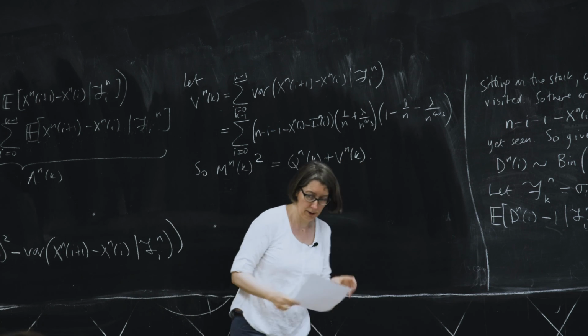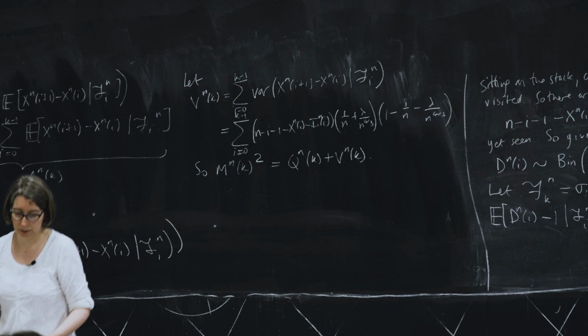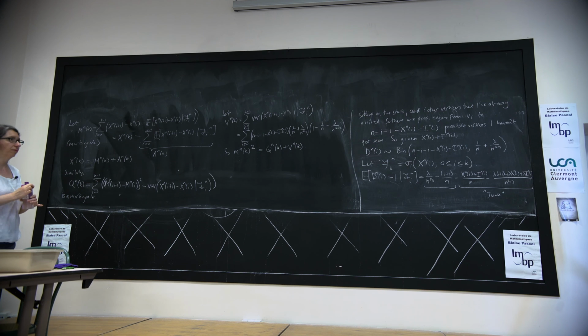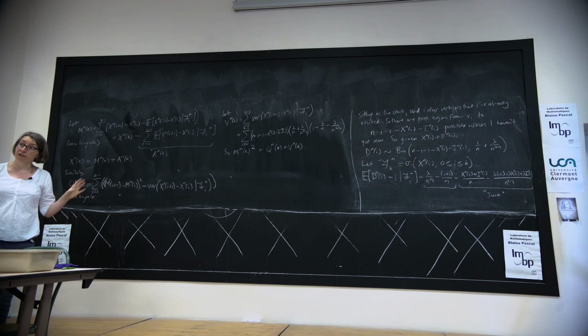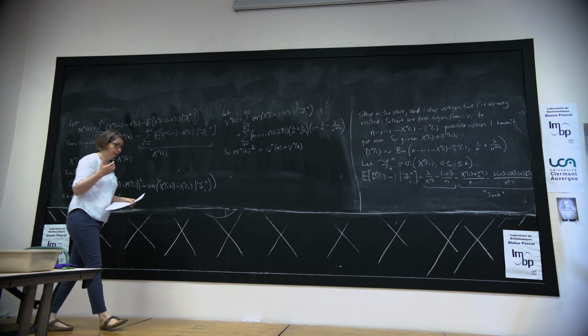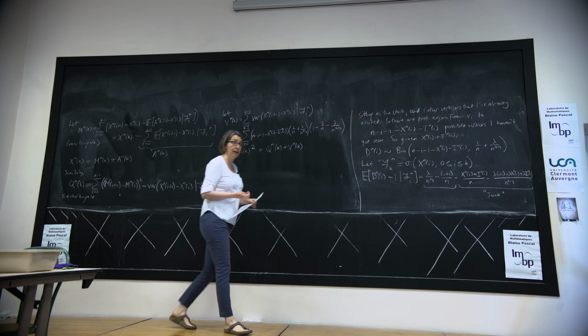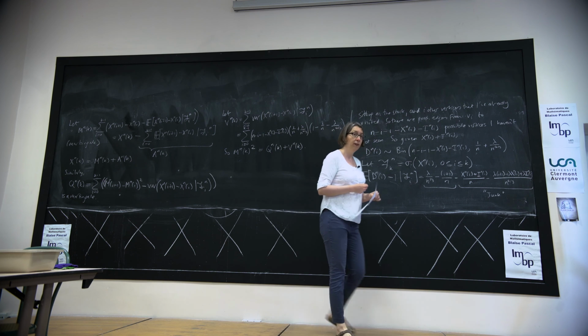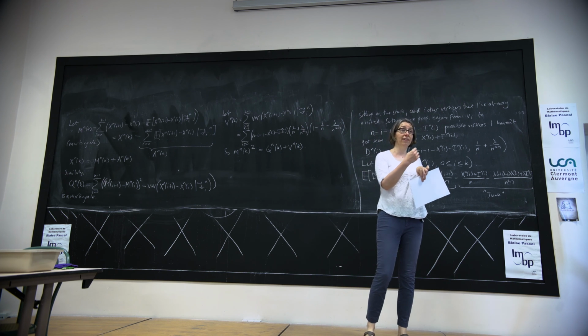So lots of definitions so far. Let me take a step back and say what we're doing here. I think it's quite useful to keep in mind Levy's characterization of a Brownian motion. Levy's characterization says that a Brownian motion is the unique continuous local martingale such that when I square it and subtract t, that's again a local martingale.